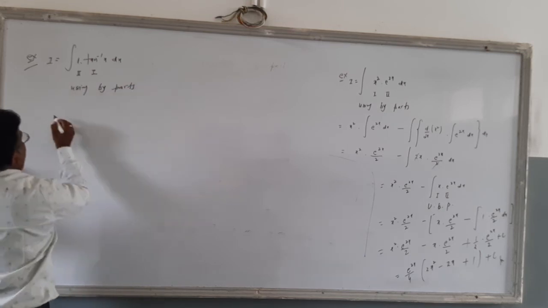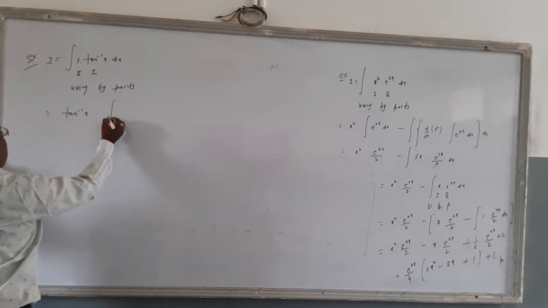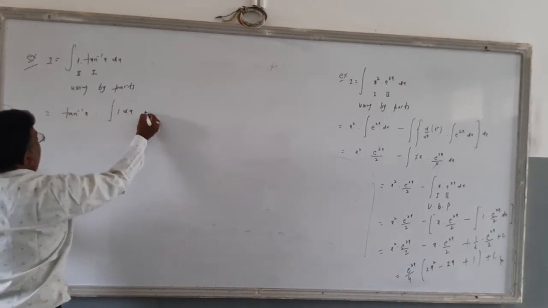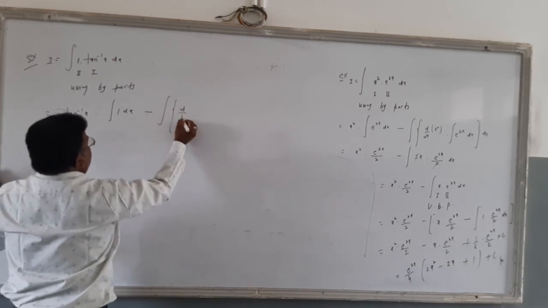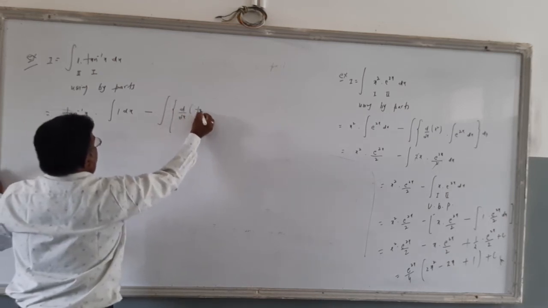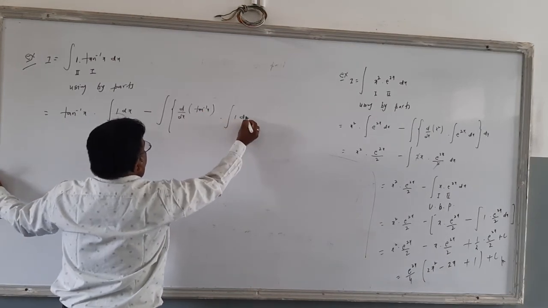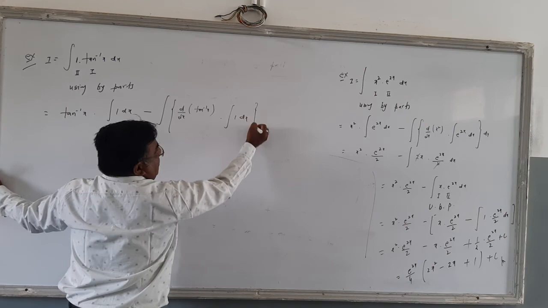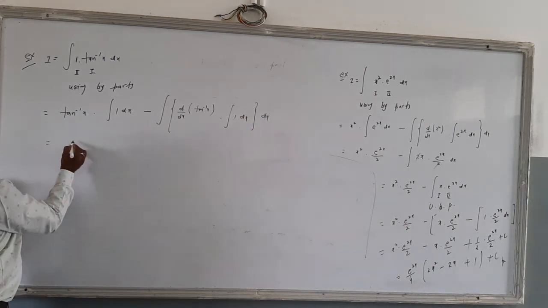So student, by parts formula, that is the first function into integration of second function minus integration of differentiation of first into integration of second, and whole integration. Right? Now look here, tan inverse x as it is.